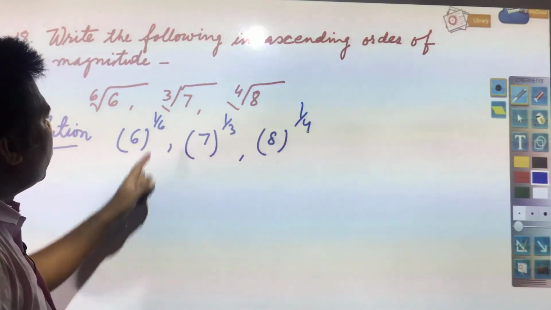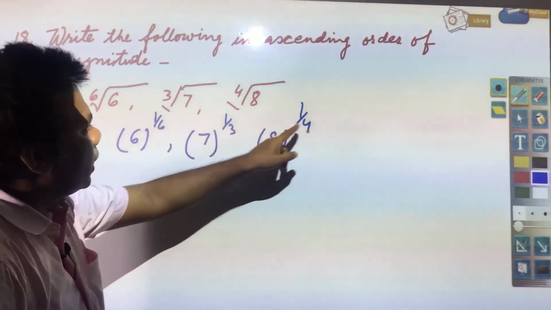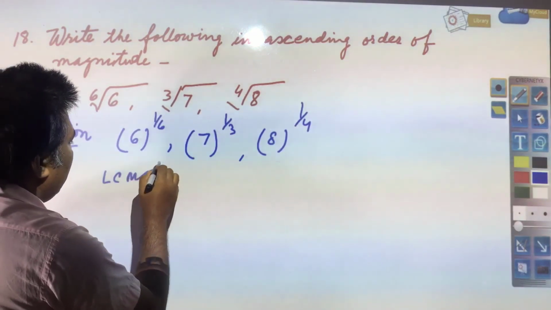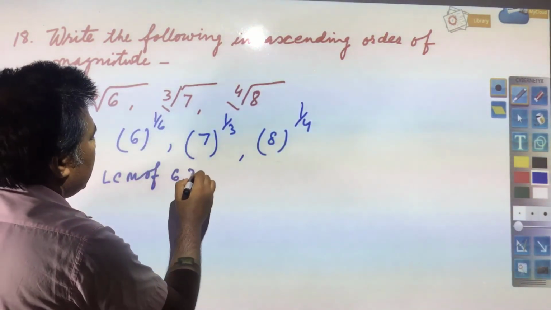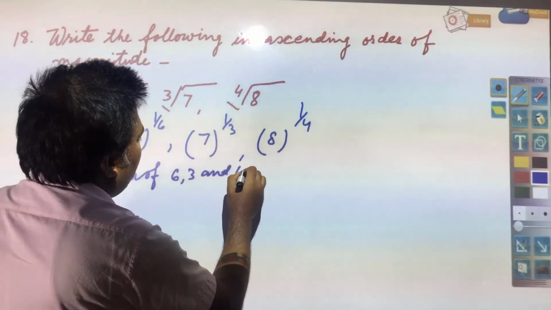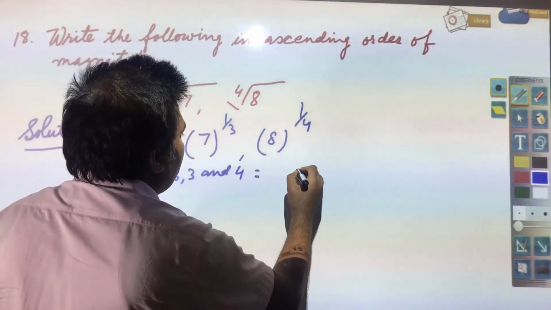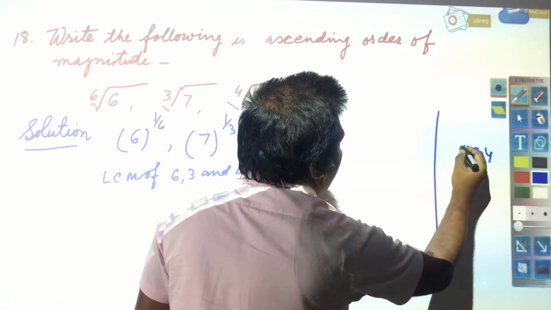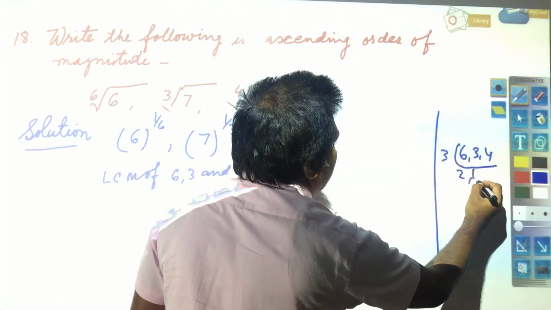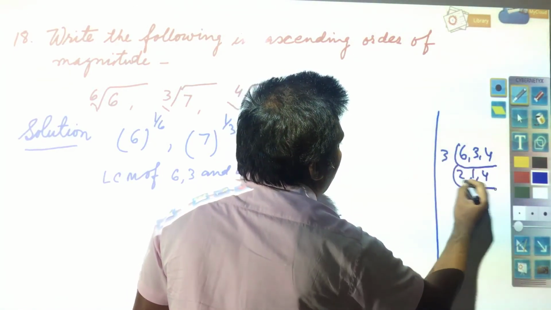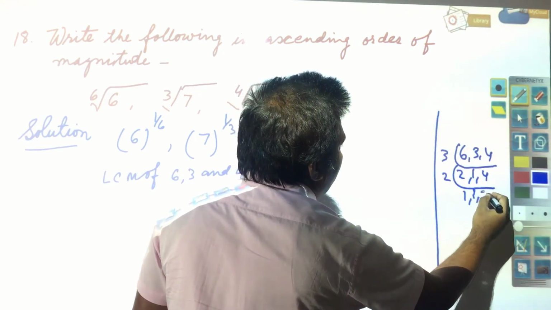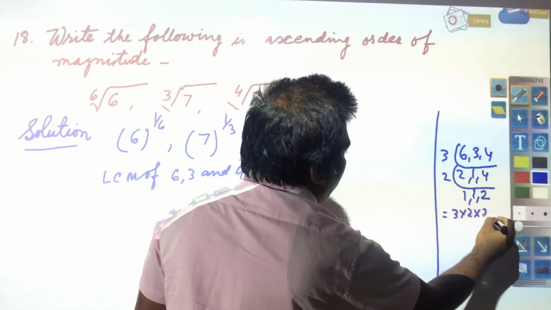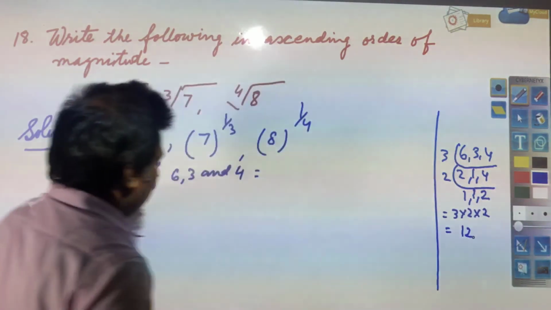So, for that you need to find out LCM of 6, 3 and 4. So, LCM of 6, 3 and 4 is equal to, you find out: 6, 3 and 4, 3 2s are 6, 3 1 is 3 and 4, 2 1 is 2, 1, 2 2s are 4. So, LCM will be 3 into 2 into 2, it means 12.